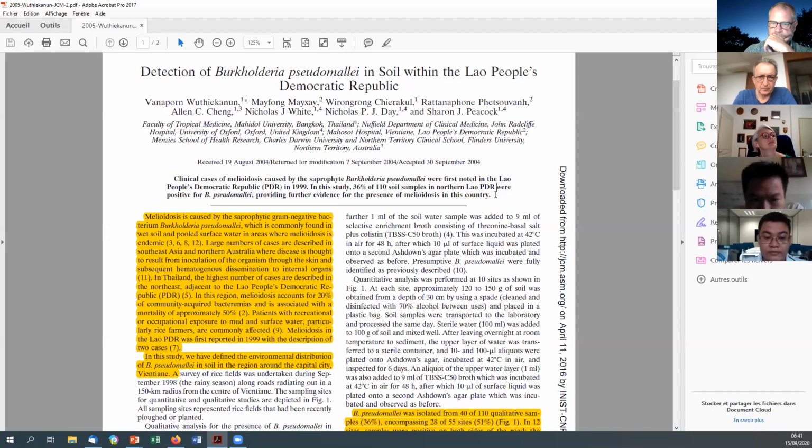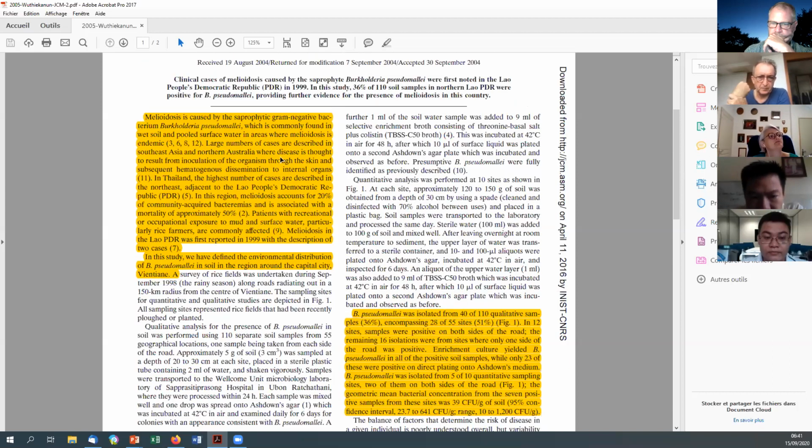In this study, 36% of the soil samples in northern Lao were positive for B. pseudomallei, providing further evidence for the presence of melioidosis in this country. It's clear.